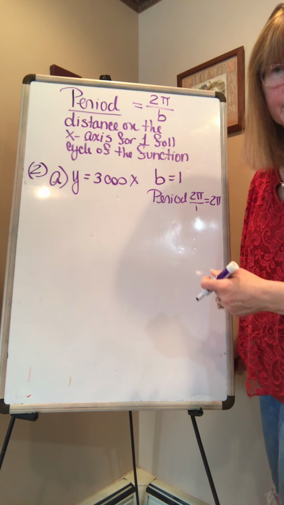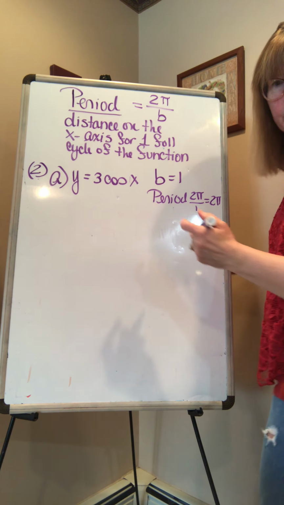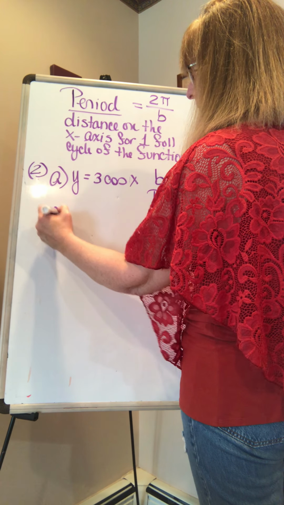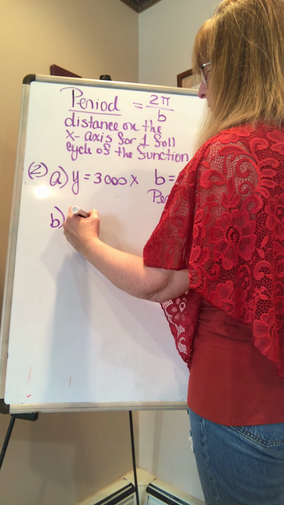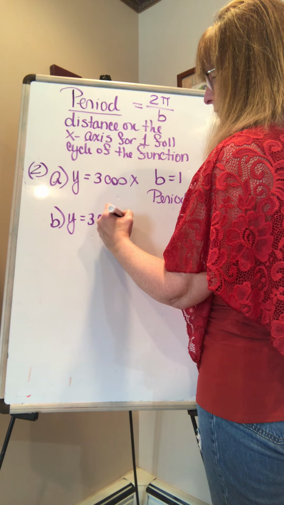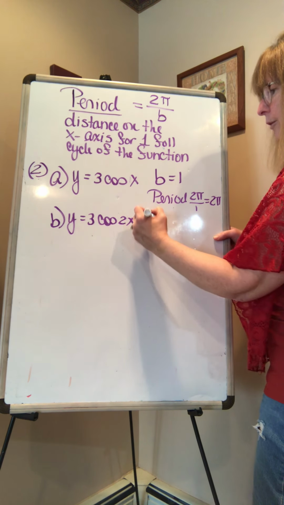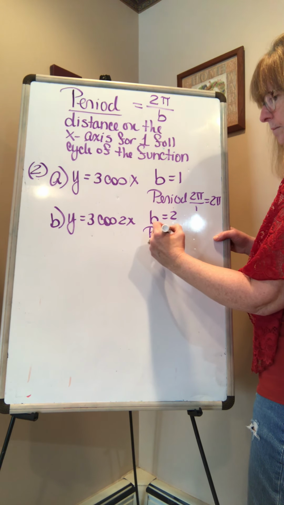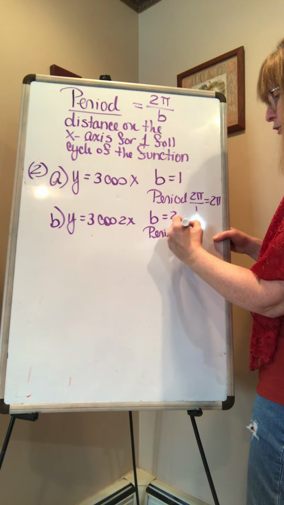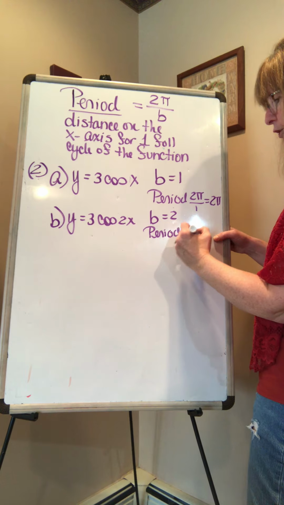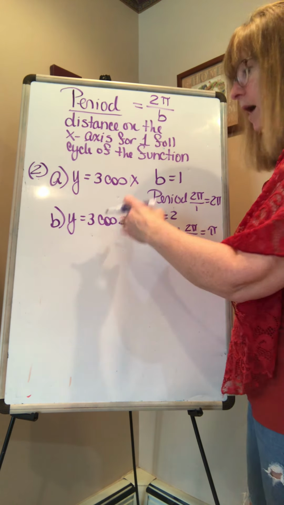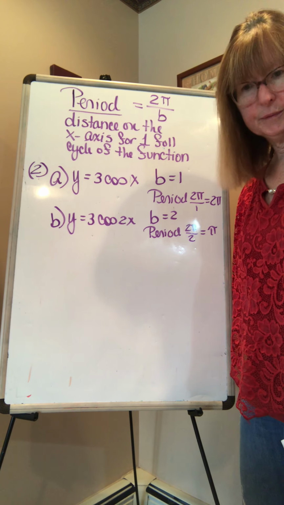Nice and straightforward. Then we get to letter B where it says y equals 3 cosine of 2x. Well, now my frequency is 2. So my period is 2 pi over 2, which gives me pi. So now between 0 and pi, I would see one full cosine curve.